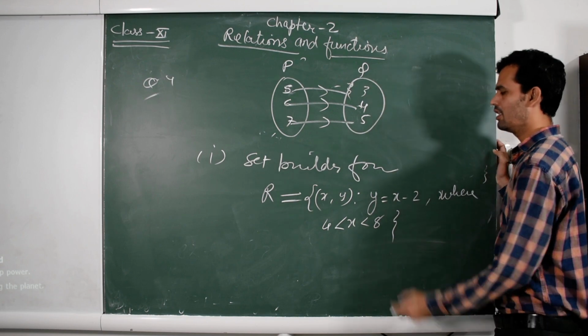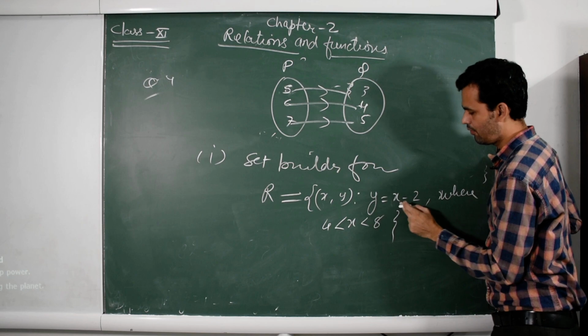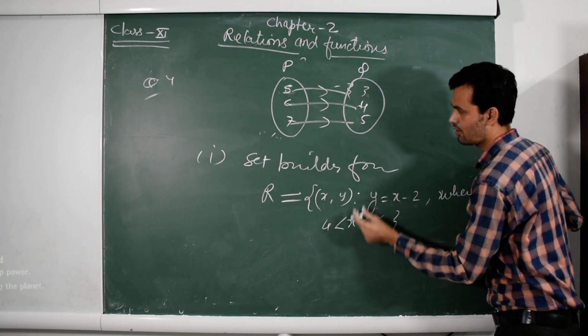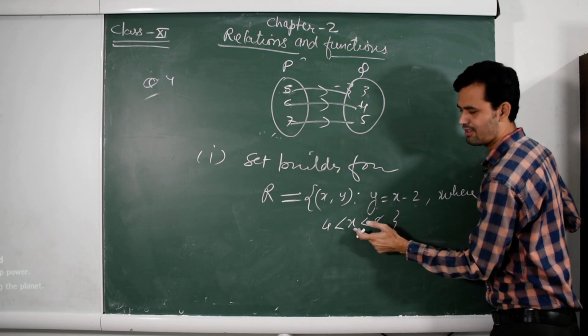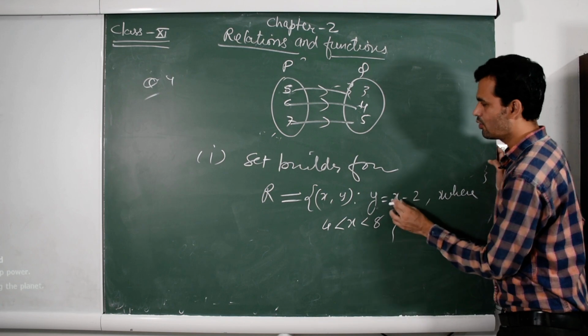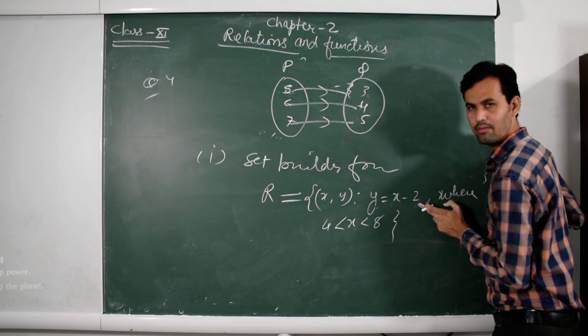It means if we put x as 5, then 5 minus 2 is 3, we get this. If we put x equals 6, because x is more than 4 and less than 8, then 6 minus 2 is 4, and 7 minus 2 is 5.